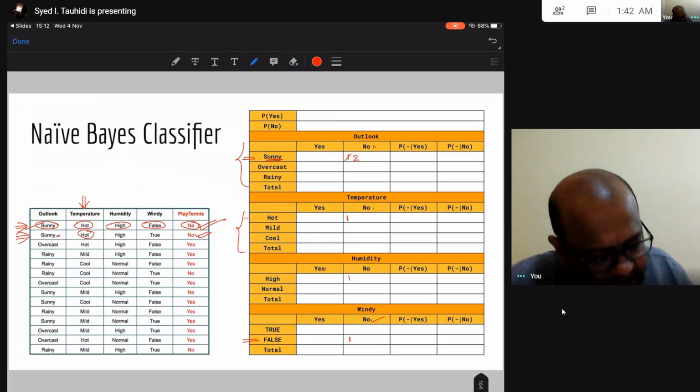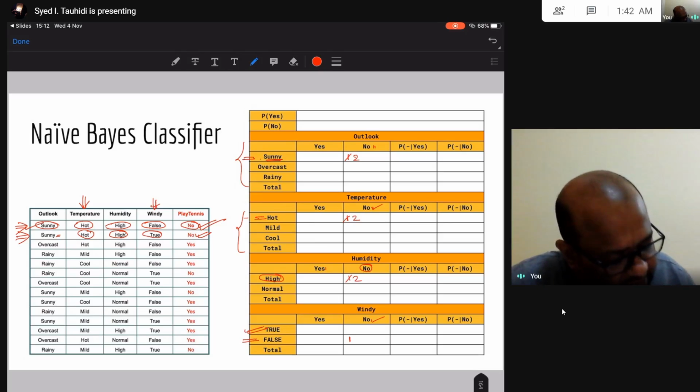Then high and no, I go to high, I go to no, there was 1, I increment this to 2. Then there is windy and true. In the windy table I go to the true row and no column, and I increment that by 1. Alright, I am done with row 2.